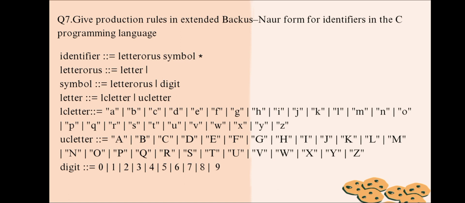And fourth, letter represents lowercase letter separated by a pipe from uppercase letter. In lowercase letter we write the lowercase alphabets, and in uppercase letter we write the uppercase alphabets. And in digit we represent the digits from 0 to 9. This is how we can produce extended Backus-Naur form rules.